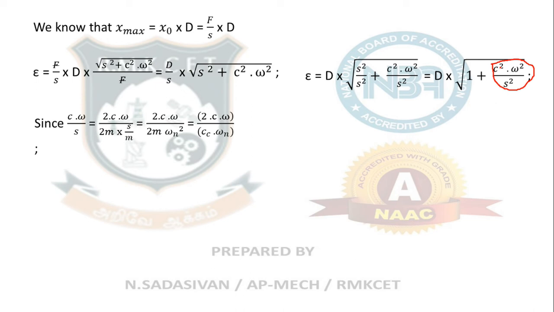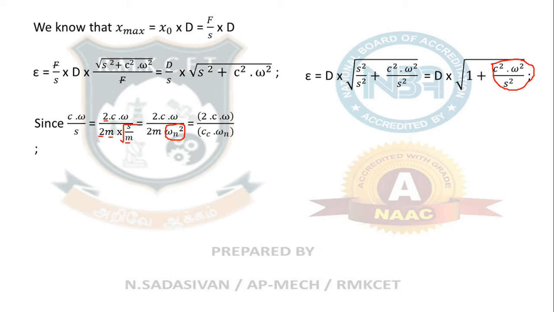Okay, so c omega by s equal to, I am deliberately multiplying 2 in the numerator and 2 in the denominator, and also m by m in the denominator only. So what will happen? 2m into s by m. So this 2c omega divided by 2m into, square root of s by m is omega n. If you eliminate the square root, it becomes omega n square.